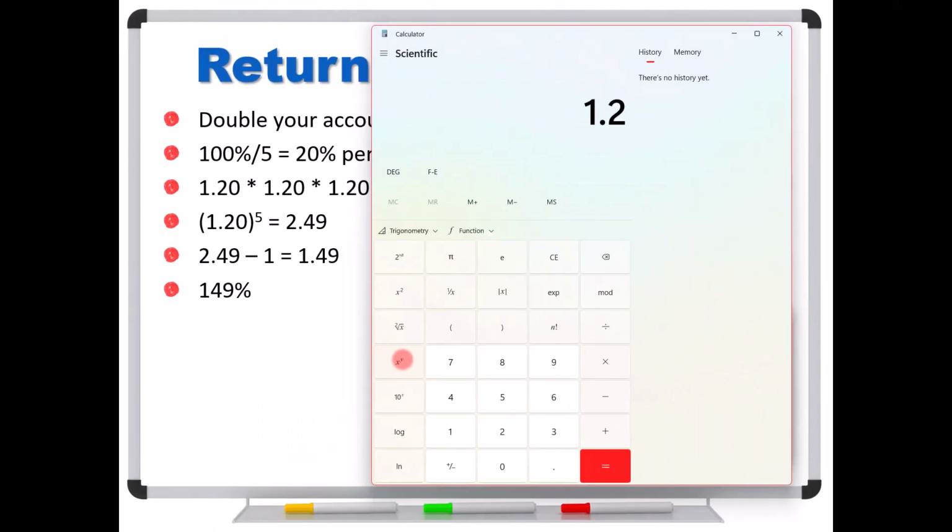So I'm going to click on that, and I'm going to raise it to this 5 right here. Click there, click equals, and there you can see it's about 2.49. That's what we came up with here. We subtract off 1, which equals a multiple of 1.49, and then we just convert that to a percentage, just multiply by 100. So that would be about 149%.